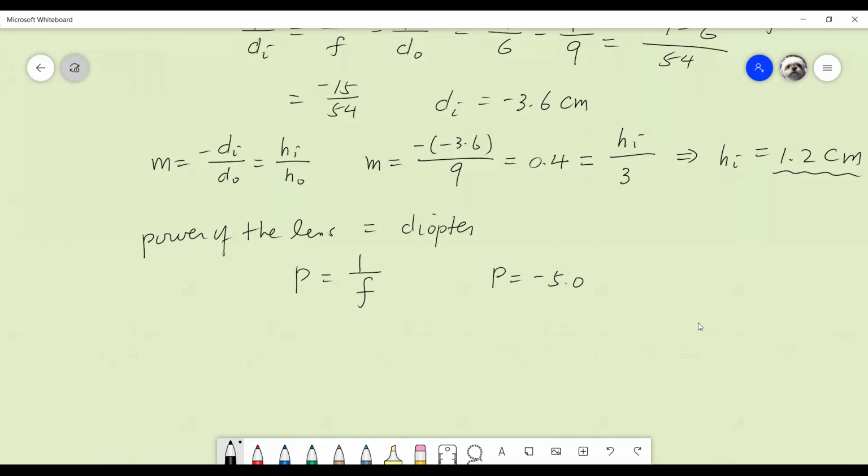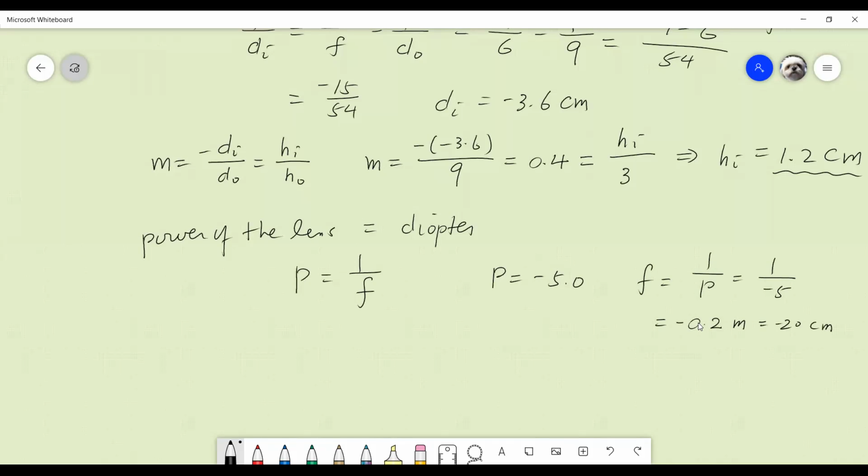F equals 1 over P, which is -0.2 meters, or you can write it as -20 centimeters.